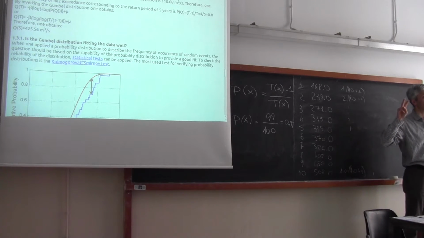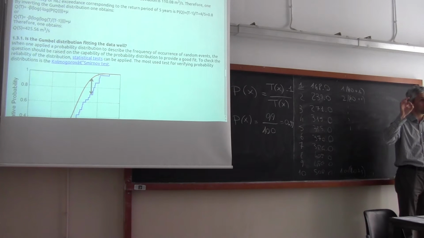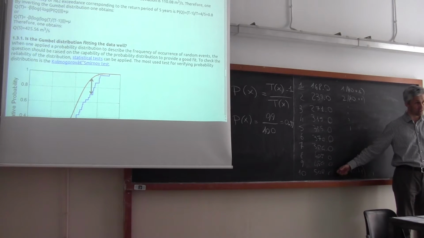This wouldn't be correct. Because you have only 10 observations, you have to admit that in the future you may have higher outcomes. And therefore you need to assume that the frequency of not exceedance of the highest observation is lower than 1.